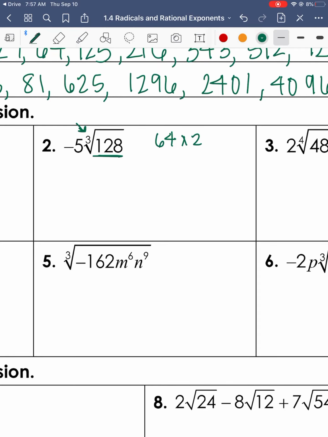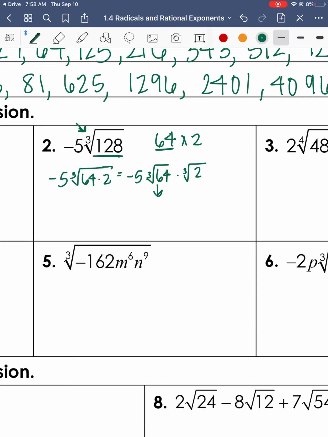Those are factors of 128, and 64 is on our list of perfect cubes. Okay, so we'll leave this -5 out front. Then we can split this up by saying this is the same as 64 times 2, right? And because of our radical rules, we know that we can split this apart. So we'll keep the -5 out here. We'll have the cubed root of 64 times the cubed root of 2.